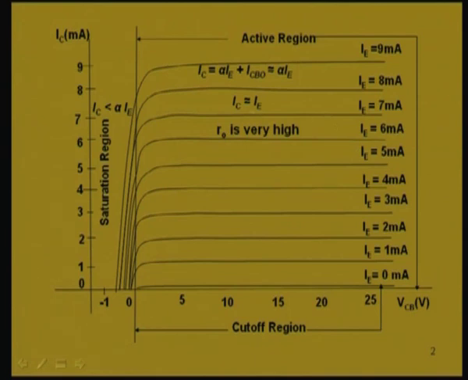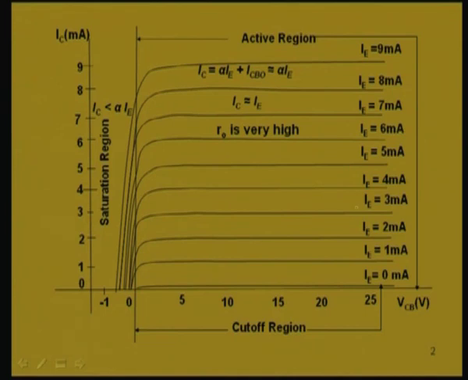For a particular IE, say 2 milliampere, IC will be almost equal to 2, a little less than 2, because there will be a very small base current. In fact, IC will be IE minus IB, but as this base current is of the micro order, IC and IE will be almost equal.